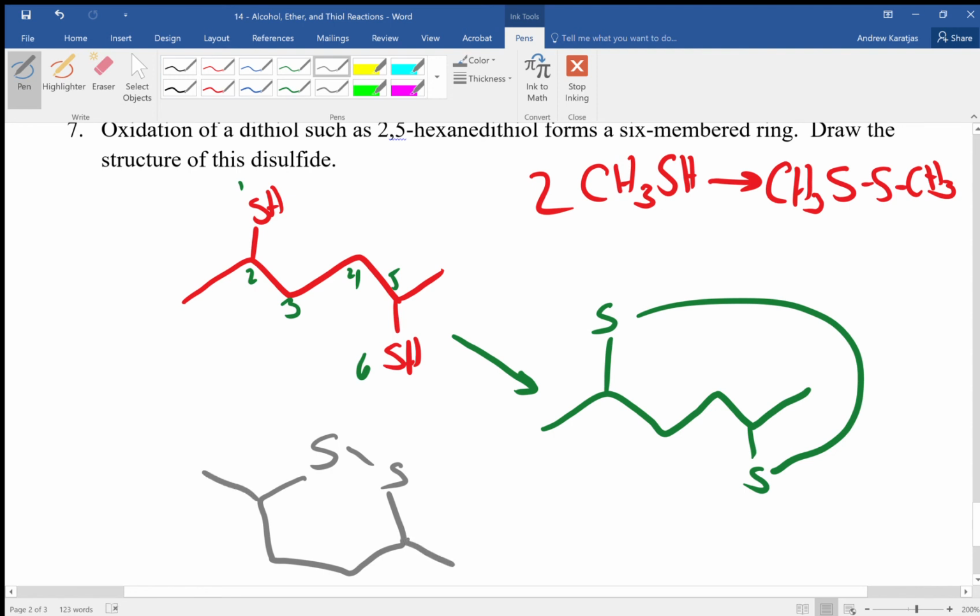But the product is the same, that we get a 6-membered ring. Now, something like this for dithiols works very nicely when the result is a 6-membered ring. If you were dealing with a situation that would only give you, say, a 3-membered ring, then this reaction wouldn't work in this way. But when you can form a 6-membered ring, those are generally very stable and are happy to form.